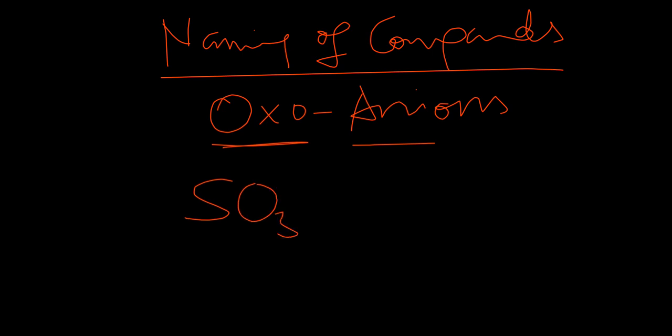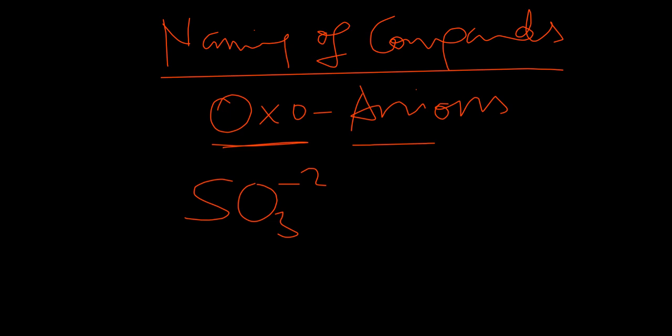This is a complex ion because it contains more than one atom, and it also contains oxygen. So any complex anion that contains oxygen is an oxo-anion.